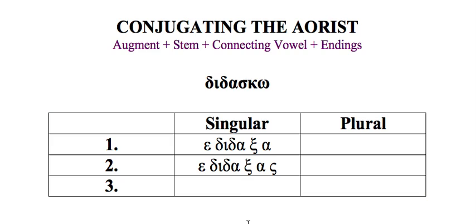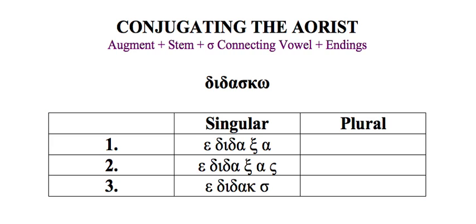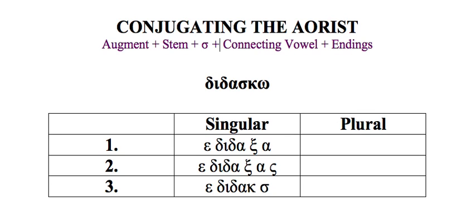Third singular is an epsilon for the augment, didak for our stem, our connecting vowel, or our sigma. I apologize. This should be a sigma up here. And it probably should have been up in the previous one.